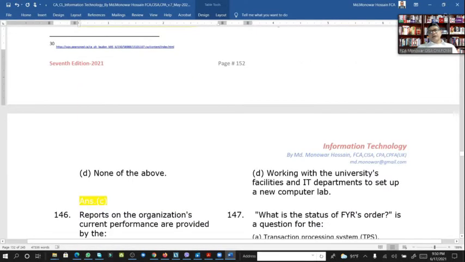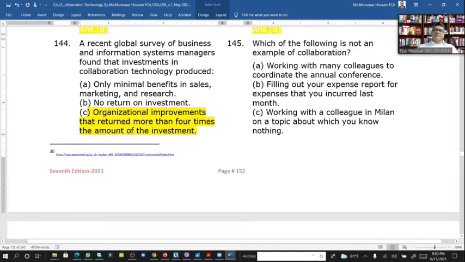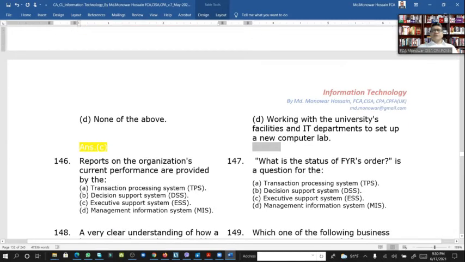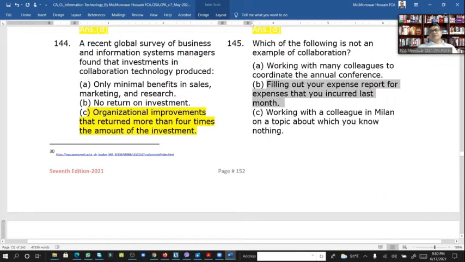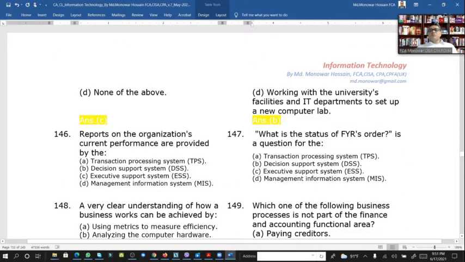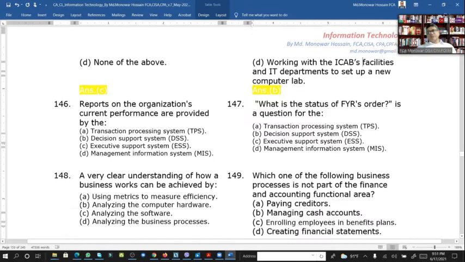Here, 4 items, 3 are within collaboration, one is not related. So the unrelated one is B. The others, working with many colleagues to coordinate an annual conference, is collaboration. Working with a colleague and talking about something, yes. Then working with the IT department on a new computer lab is also collaboration.